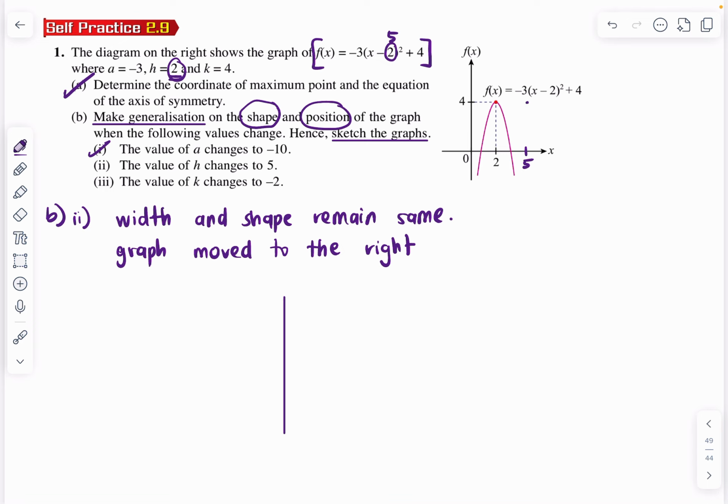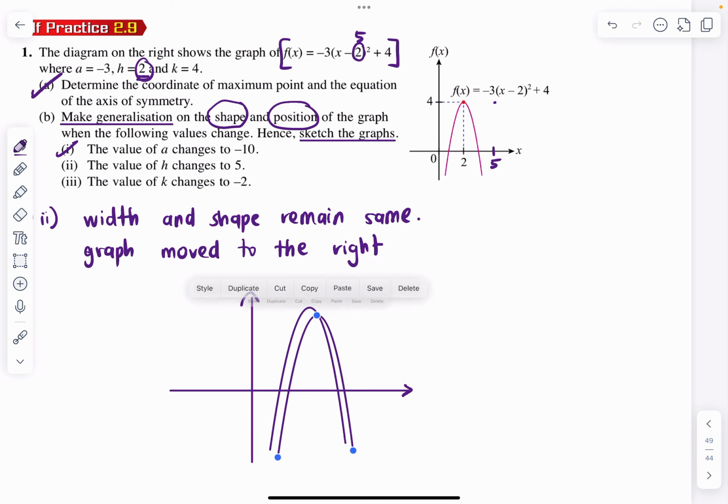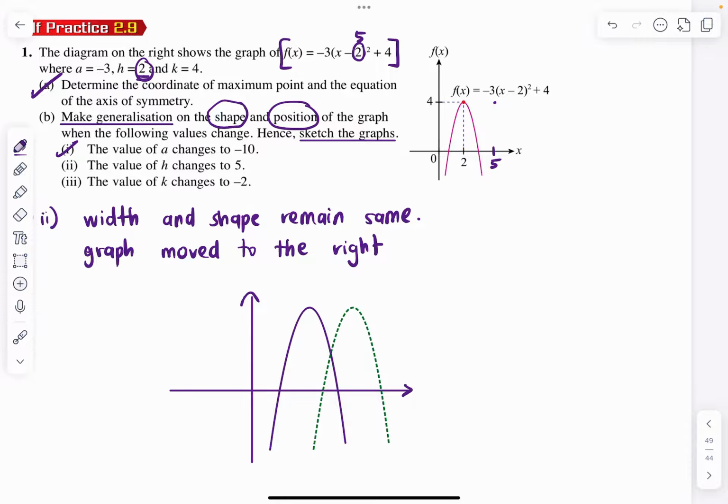So let's draw this. Original graph, something like this. Our new graph moved here and became something like this. Oh, but actually it intersects down here. Yeah, should be something like this.